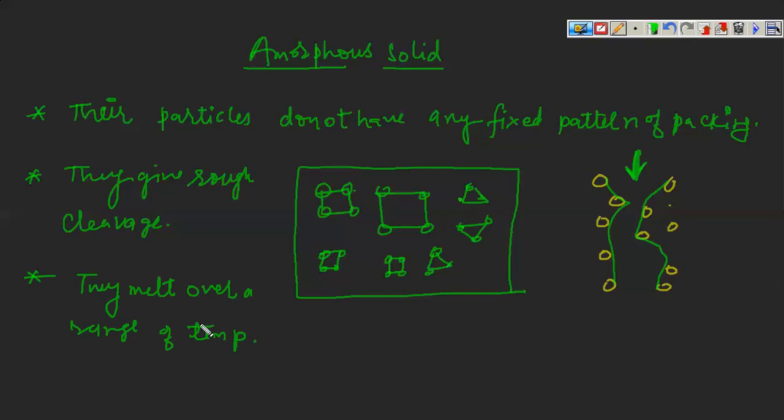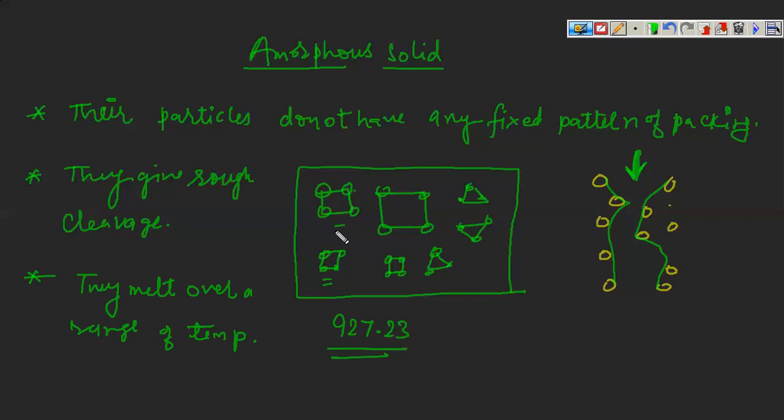Why? Suppose this is a solid and you are trying to melt it. Suppose the melting starts at 927.23.